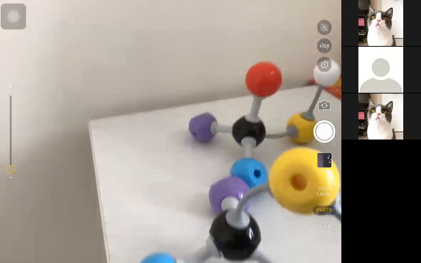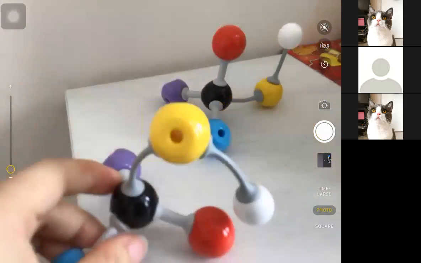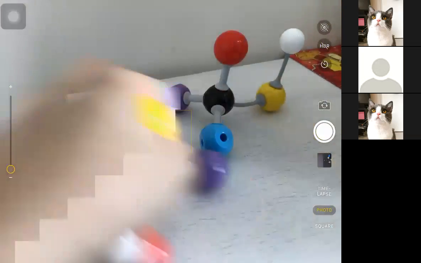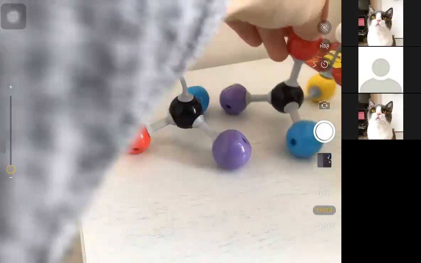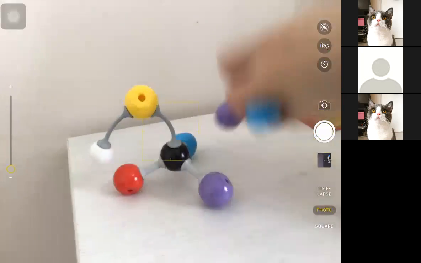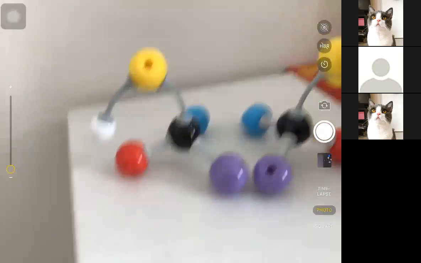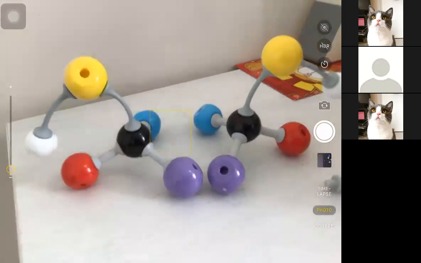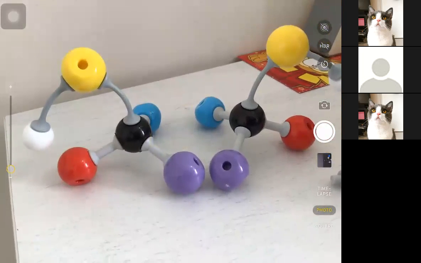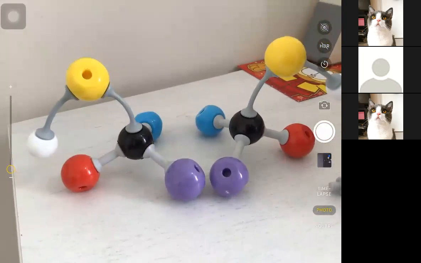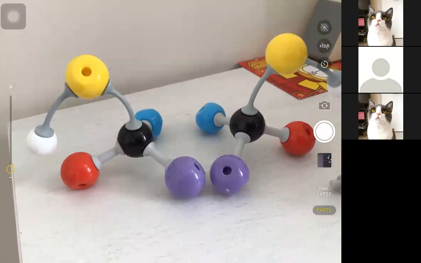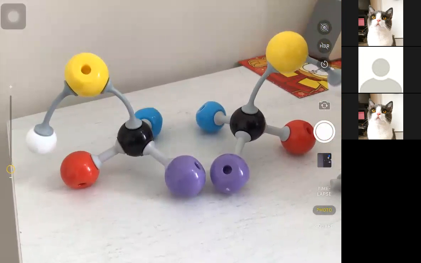There's two. Right, so you can see if I rotate it a little bit, now they are racemic. Okay, so they are isomers, optical isomers, mirror images of each other.